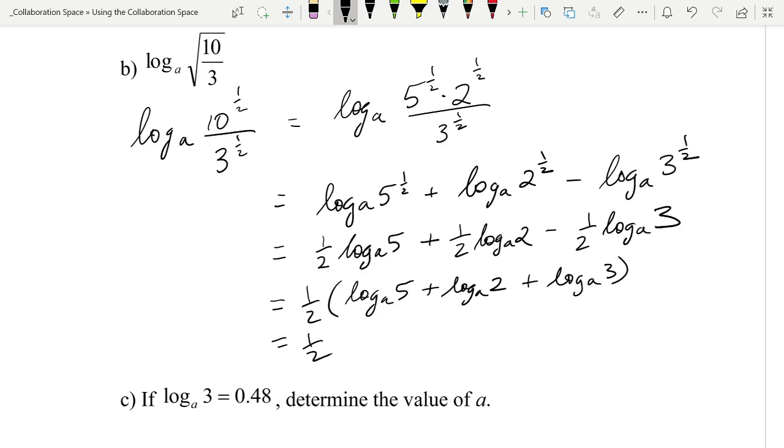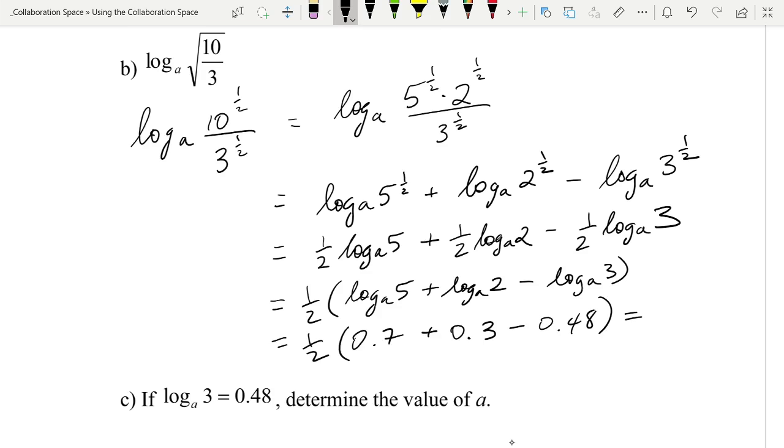So that's going to equal 1/2 of, what were the decimals again? Log of 5 is 0.7, the log of 2 was 0.3, and the log of, oh, oops, I made another mistake. Did you see it? I just decided to turn a subtract into an add for no reason. There we go. And what was the log of 3 again? 0.48. Okay, so let's do that.